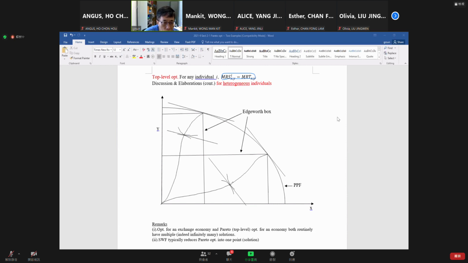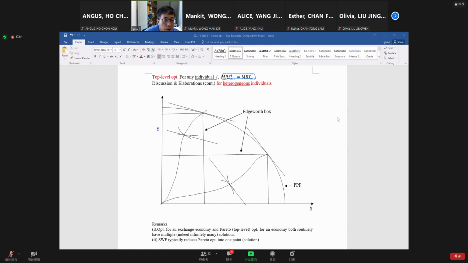But we can always choose another number different from this one. For example, we can choose this number, quite different from this one. Here we produce more X and then less Y. Here we produce more Y and then less X.